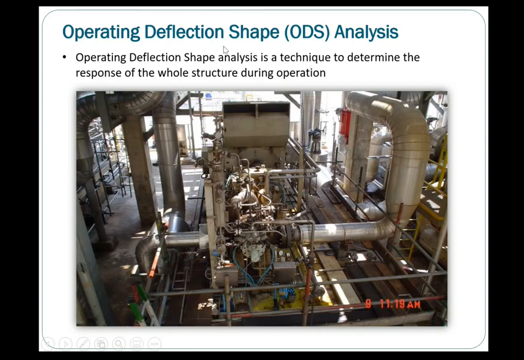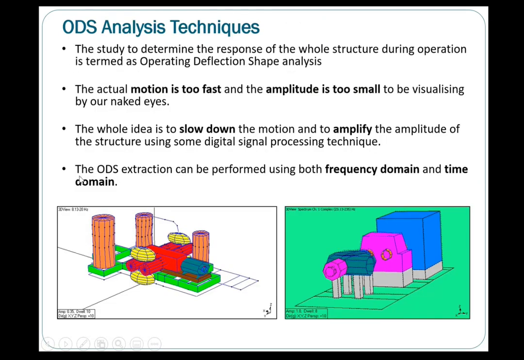ODS, like I mentioned, is a technique to determine the response of the whole structure during operation. The study to determine the response of the whole structure during operation is termed ODS, Operating Deflection Shape Analysis. This is another one that we want to perform. To perform ODS, the system has to be in operation, has to be running.